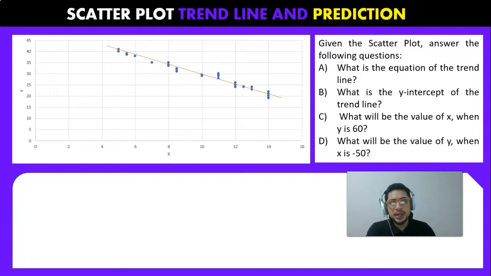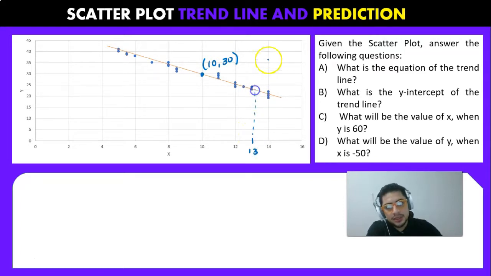So in order to do that, we can select 2 points that the trend line touches. So we can see that the trend line touches the point 10, comma 30, right? That is going to be our point. And then we can also choose another point, for example, 13, right?